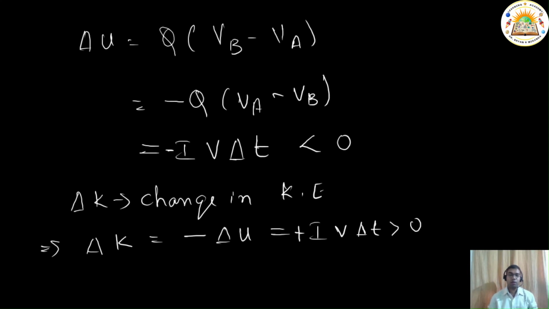Now, if we have to figure out how much is the work done, if I take delta T as the amount of time in which work has to be done, then I can write delta W is equal to IV delta T. Now this is from the work energy theorem, that is, work and energy are interconvertible or equivalent.